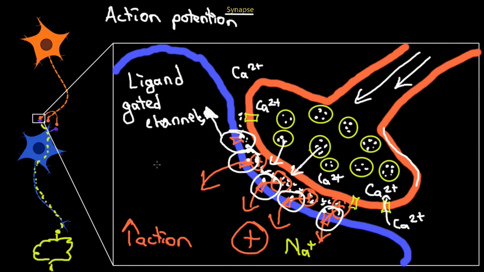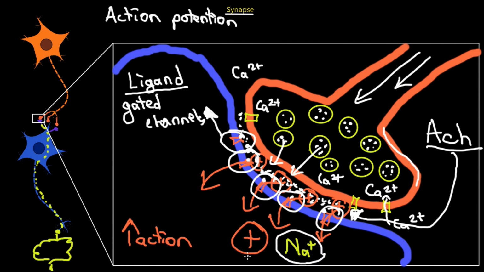They're only going to be influenced by a neurotransmitter, which is going to be acetylcholine here. So the white parts that are released here are acetylcholine, and what it's going to do is cause the ligand gated channels to open and cause an influx of sodium ions, which will cause another action potential on the receiving neuron.